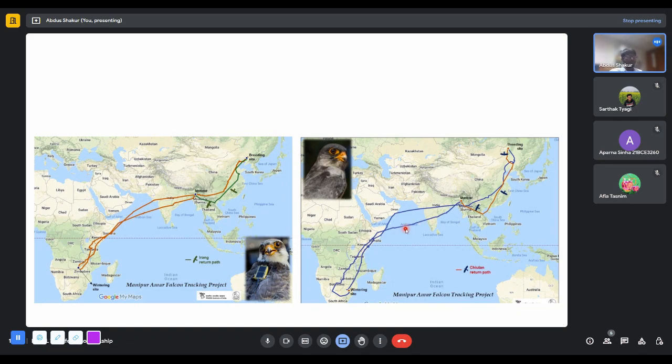So they are using these stopover sites in northeastern India to refuel themselves and finish their journey to the wintering grounds.